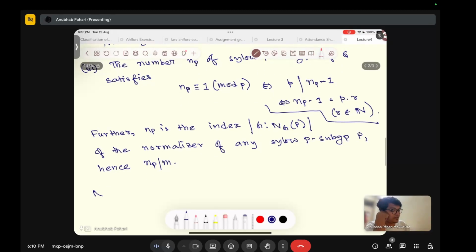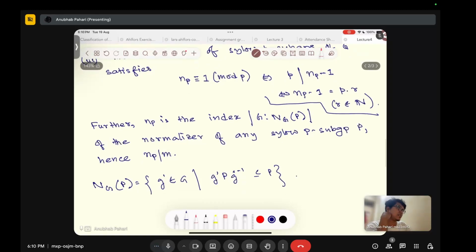So what is N_G(P)? N_G(P) is the set of elements g' of G such that g' P g' inverse belongs to P, or you can say equals P. Both are similar statements.